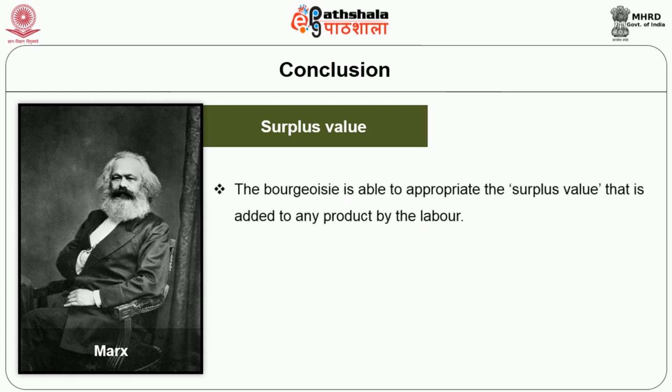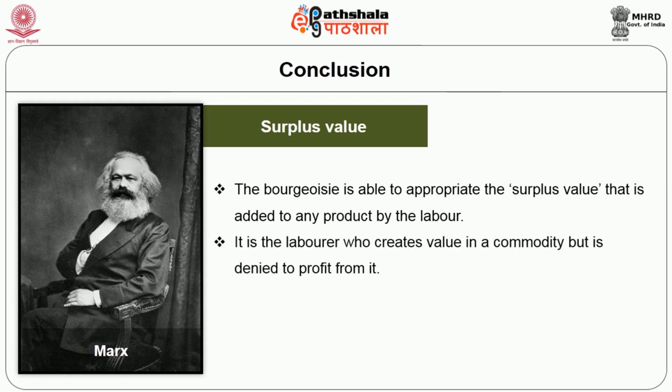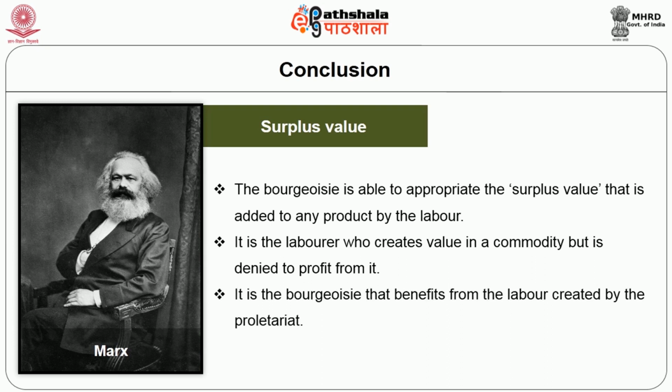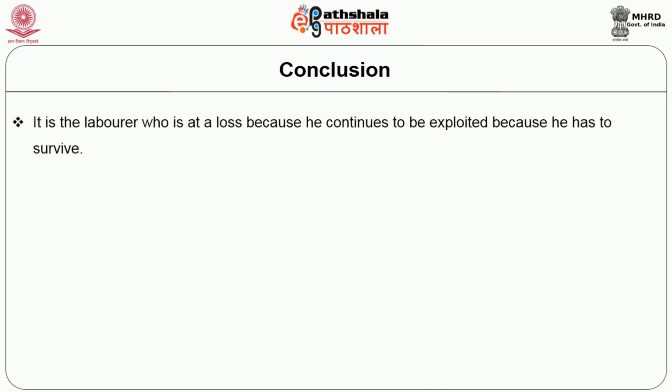The bourgeoisie is able to appropriate the surplus value that is added to any product by the labor. It is a laborer who creates a value in a commodity but is denied the profit of it. It is the bourgeoisie that benefits from the labor created by the proletariat. It is the laborer who is at a loss because he continues to be exploited because he has to survive.